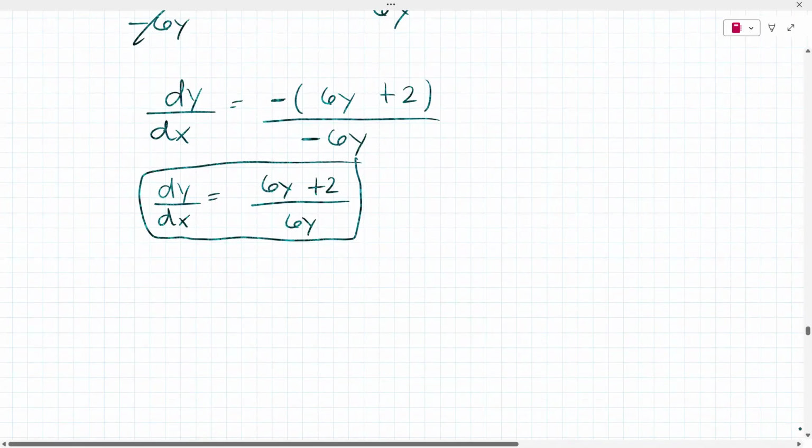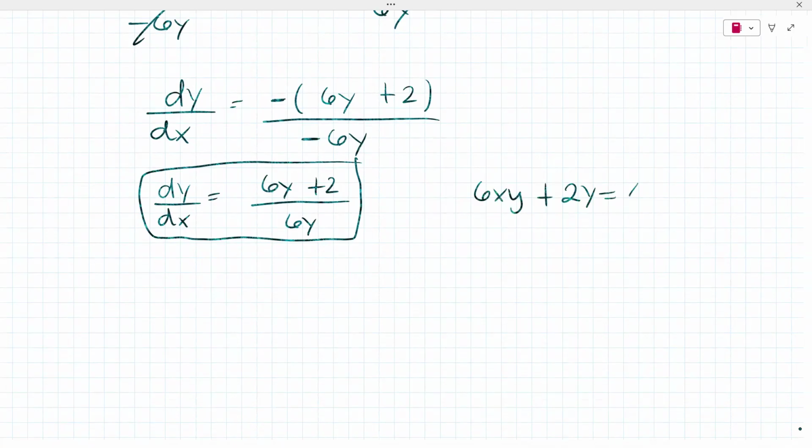Okay, now let's do implicit differentiation for the other one. So the other one was 6xy plus 2y equals 0. How do you take the derivative of this? We must use product rule. So product rule is this: f prime of g plus g prime of f.